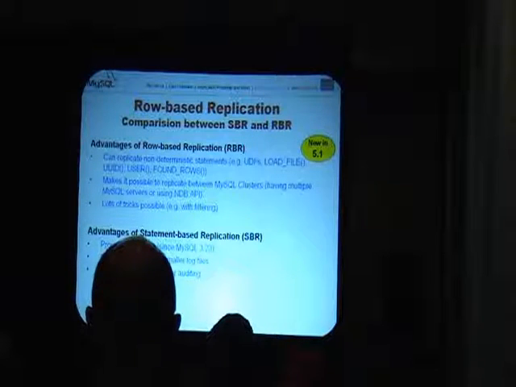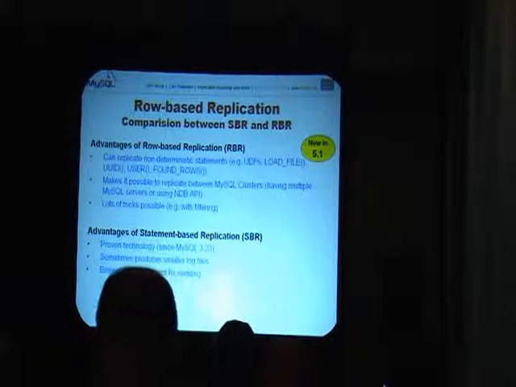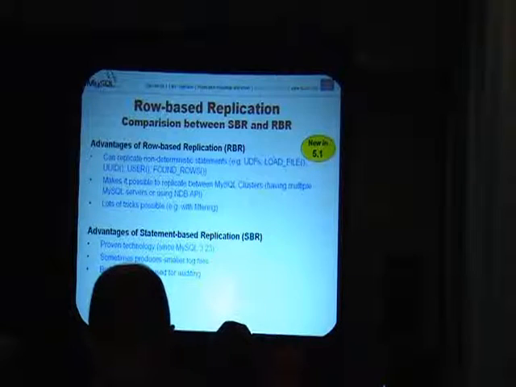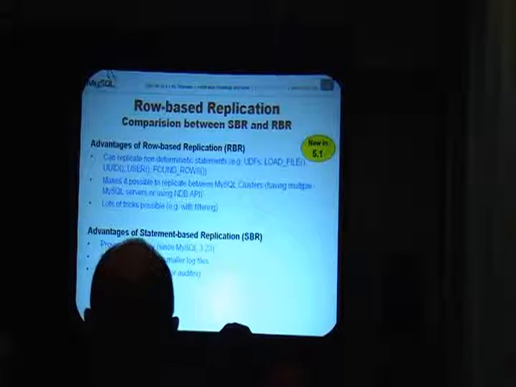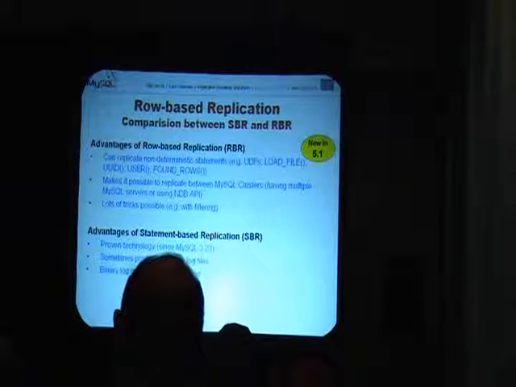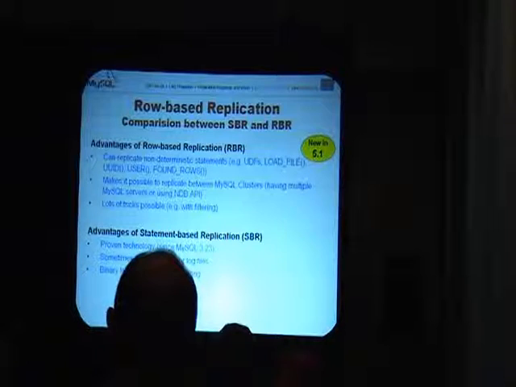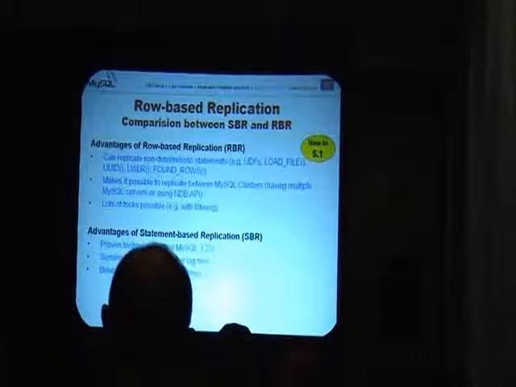Some of the advantages of row-based replication, and I think this is an important list because all the time I find new reasons why row-based replication is the way to go. If you have non-deterministic statements, which for instance use UUID or something like this, then with statement-based replication you have to have exactly the same context on the master and the slave.